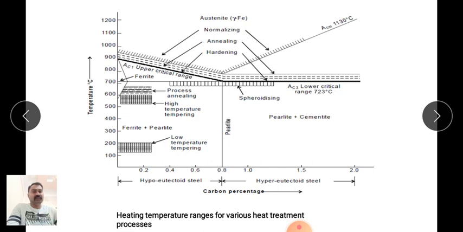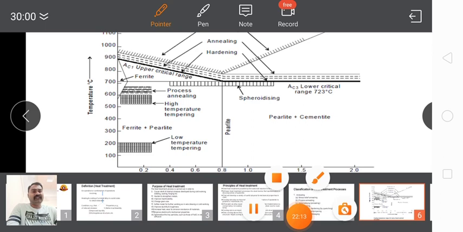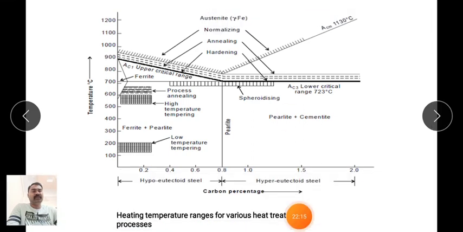Now a few heat treatment processes are performed above the lower critical temperature, and a few above the upper critical temperature. The difference is 727 and above, that is 30 to 50 degrees Celsius, then 50 to 60 degrees Celsius, up to 910 or 950 degrees Celsius. At that temperature all the heat treatment processes are performed.